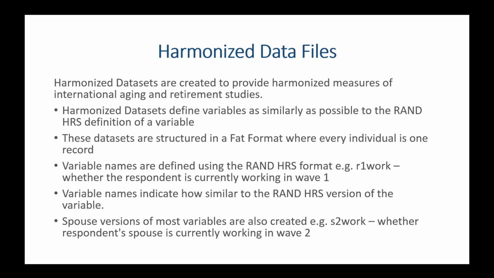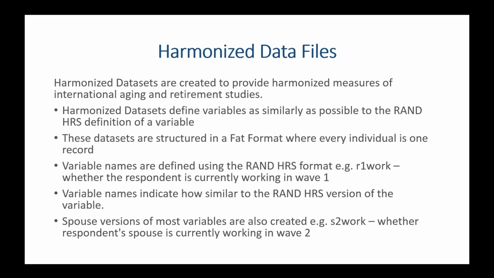And the variable names in harmonized data sets will also indicate how similar to the RAND-HRS definition of a variable the variable is. So for instance, let's say you were using the MHAS data, and the question about whether currently working in wave 1 is asked significantly differently in the MHAS survey.